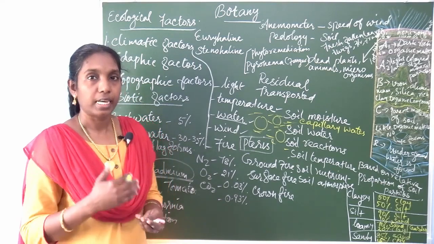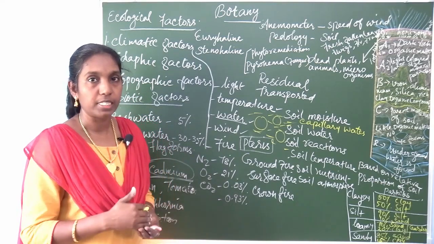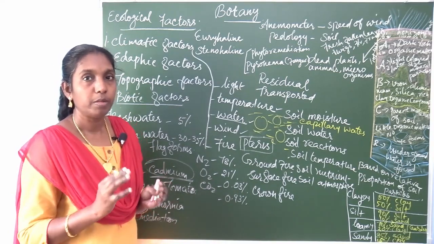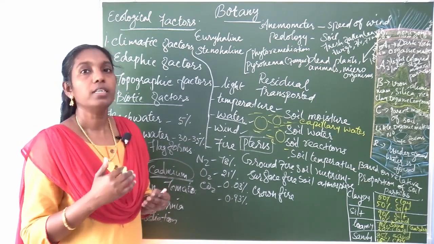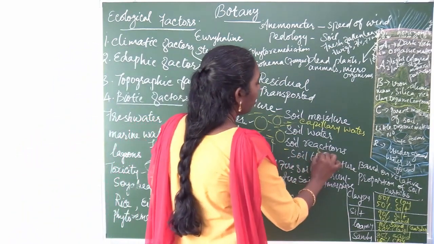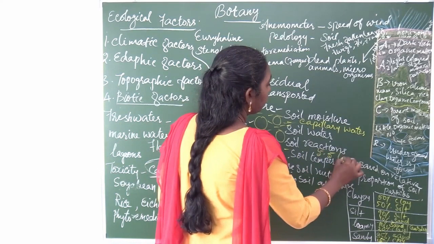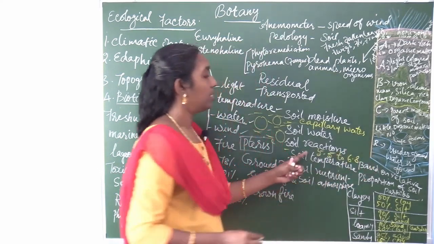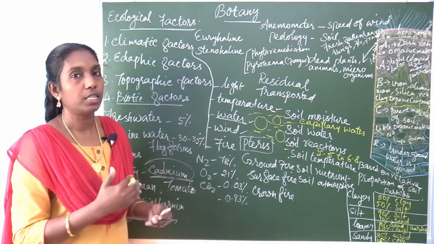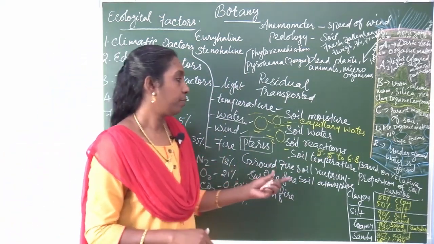It may be classified into acidic soil, basic soil or neutral soil. The optimum pH for the growth of plants is 5.5 to 6.8, which is used for the cultivation of plants.